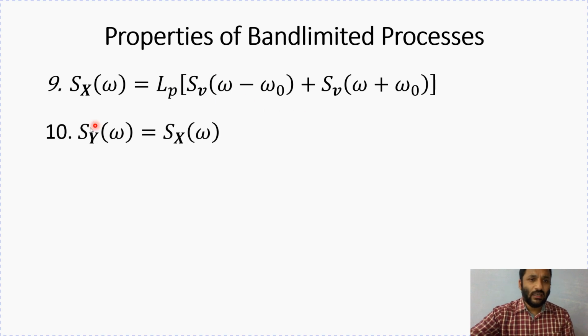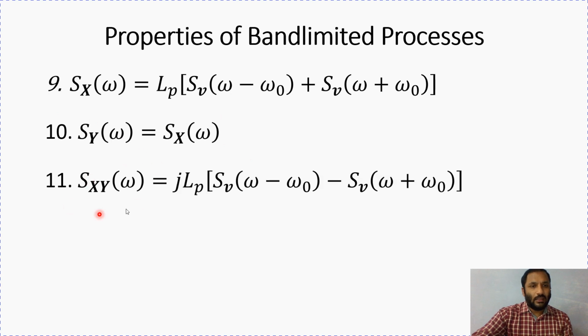Now similarly, the PSD of y of t, because we have seen that the autocorrelations of both of these processes are identical to each other. That means when you take the Fourier transform of the autocorrelation, we get the PSD. So in fact this is also true: the PSD of capital X and capital Y are equal to each other.